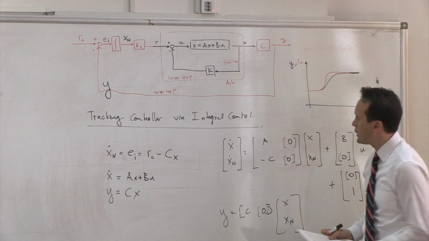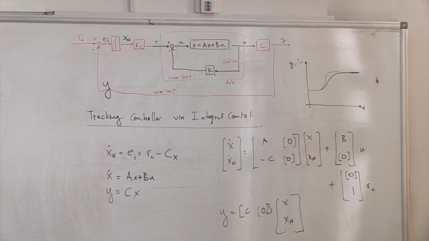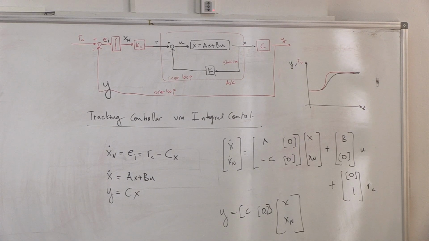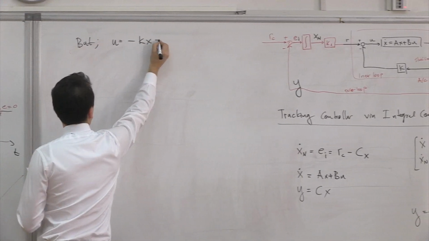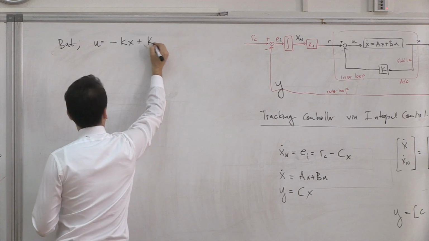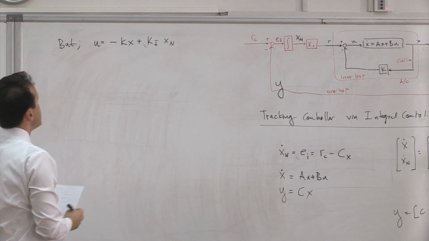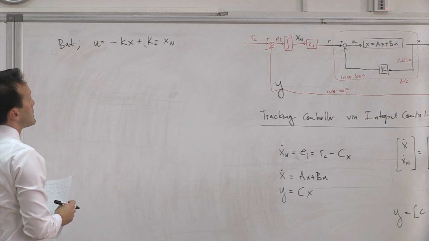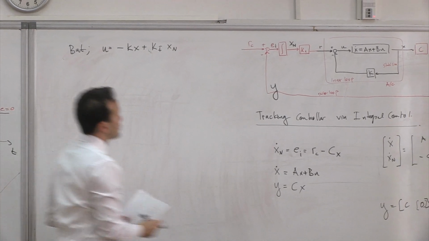But there's one more thing here. This U is equal to minus k times x plus ki times xn. So this is no more r here.